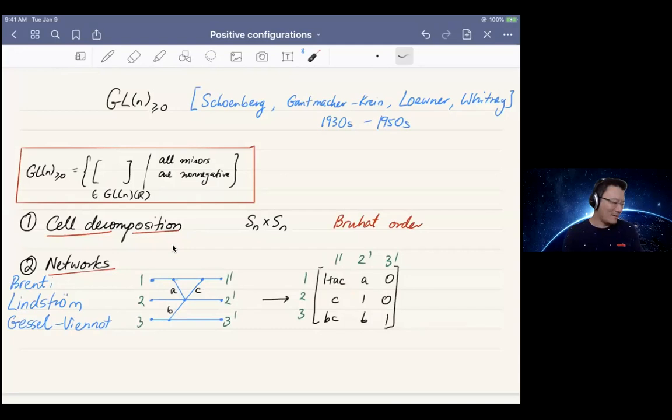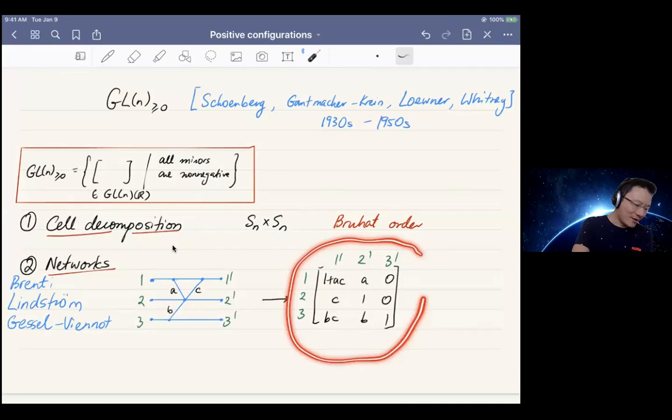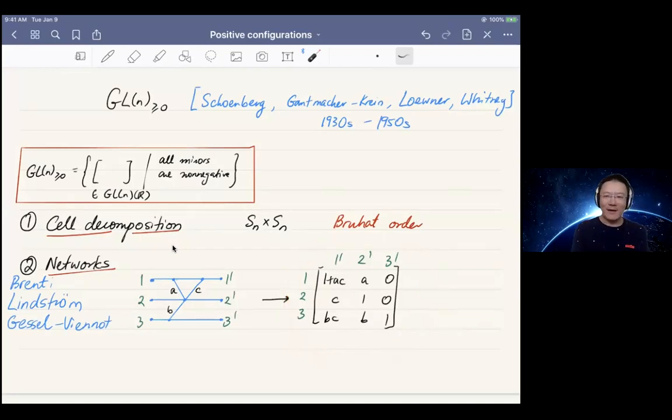And so it follows from the Lindström-Gessel-Viennot lemma or theorem that this resulting matrix actually has all minors non-negative. In fact, we know a combinatorial interpretation of all the minors: they count non-intersecting families of paths with particular sources and sinks.